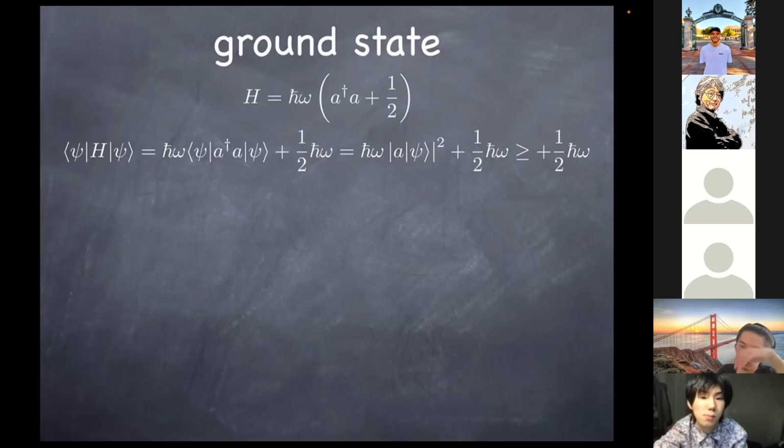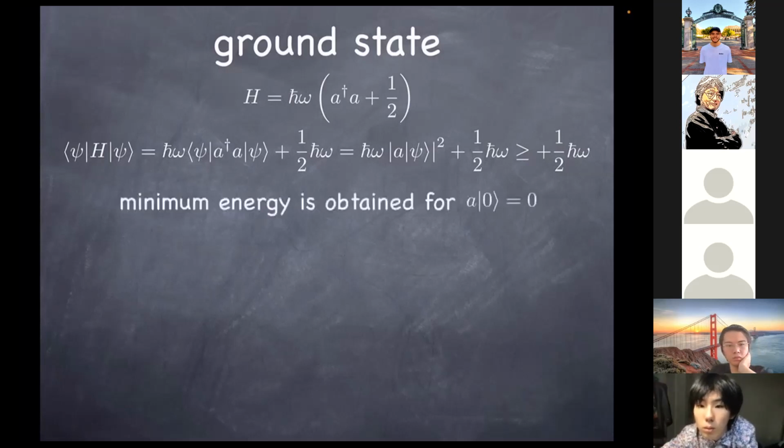The second term is just a number. So as a result, this expectation value of the Hamiltonian operator is always larger than or equal to half h bar omega. And because the Hamiltonian is limited from below, the smallest it can be is half h bar omega. For the Hamiltonian to have the smallest possible value, the first term, A acting on psi, should vanish.